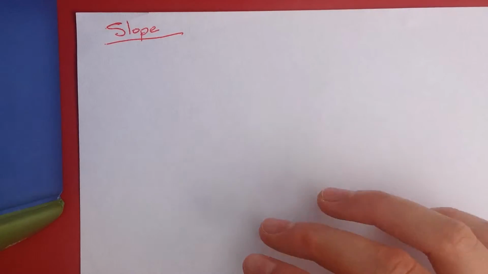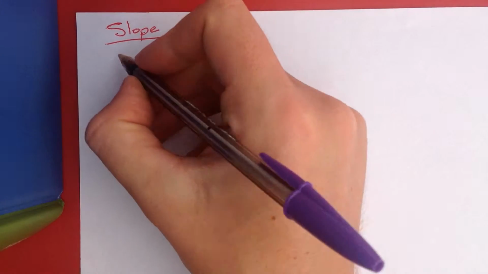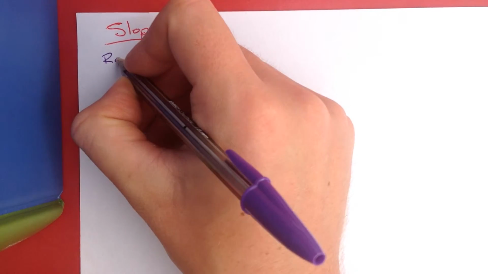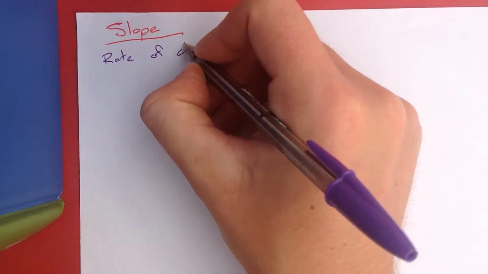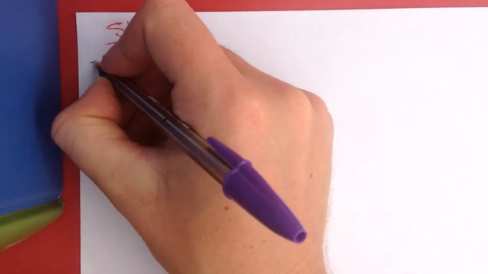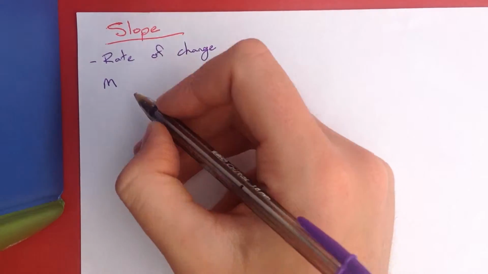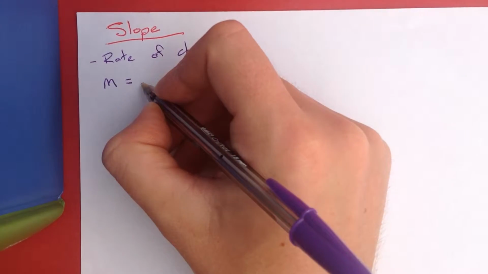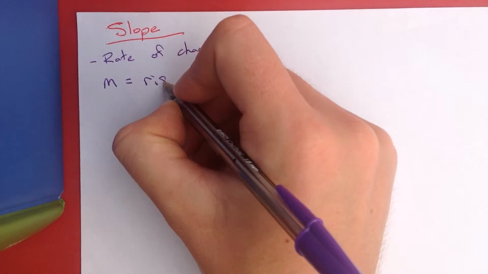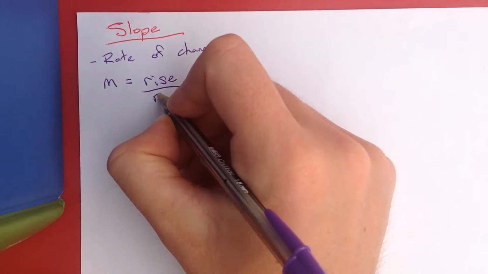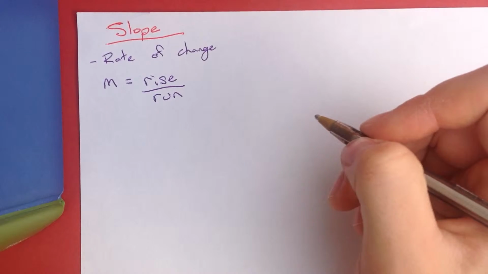Slope, a very important concept in math that comes up over and over again. Slope is a rate of change, and a way we usually denote slope is with the variable m. So m is equal to slope, which is also equal to the rise of a graph over the run of a graph.